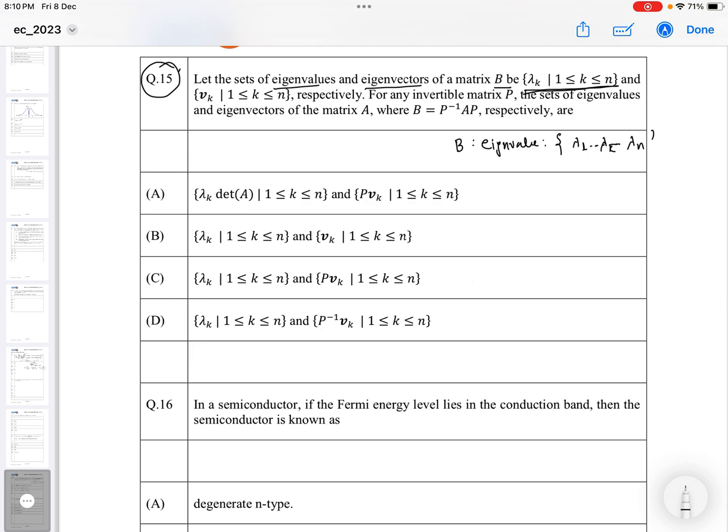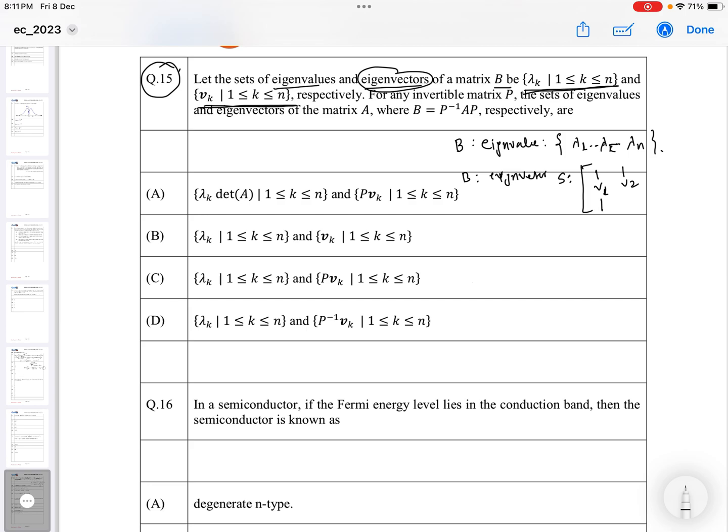So this is the set of eigenvalues. Similarly, we have been given the set of eigenvectors of matrix B. Let's put all those eigenvectors in a matrix. So we have been given this set, right? Let's put v1 in this column and v2 in this column. So all these are eigenvectors.